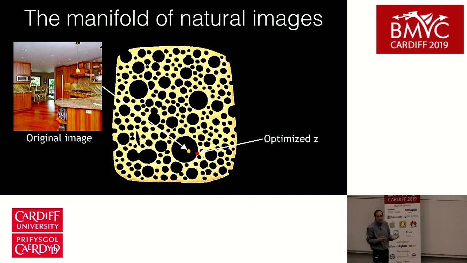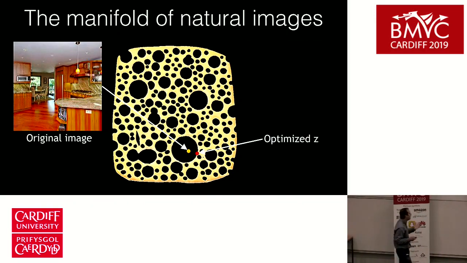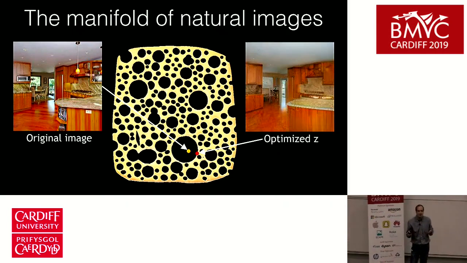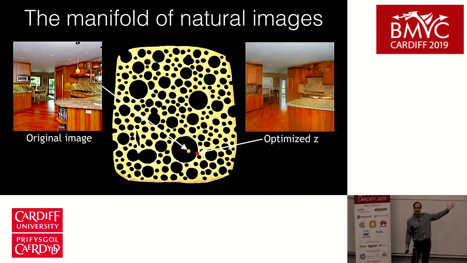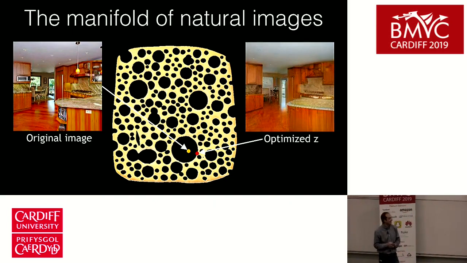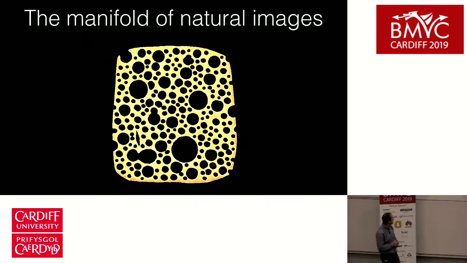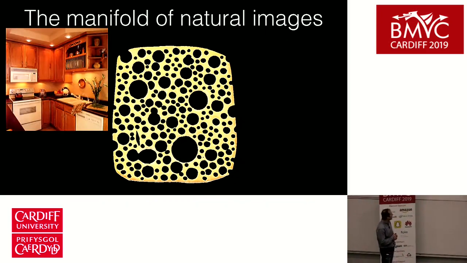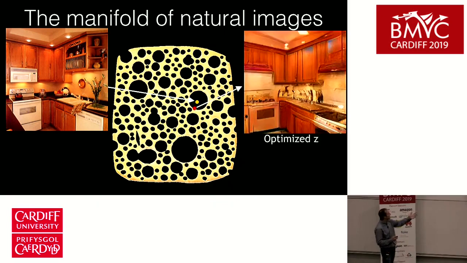So the best thing will be some optimized random vector that will land nearby, if we do the optimization right, hopefully, and it will just render something that will look quite different from the input image. It's still surprisingly good, I must say, but really far from the original picture if you want to edit it in any meaningful way. And if you take another picture, the same thing is going to happen. It will just land in a different hole, and your best approximation will look very different.